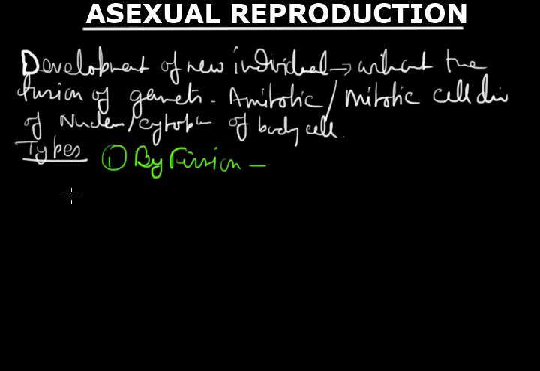Let's see what happens in case of amoeba. This is known as binary fission of amoeba. Say this is the amoeba cell and this is the nucleus. Then what actually occurs? The cytoplasm and nucleus divide simultaneously.